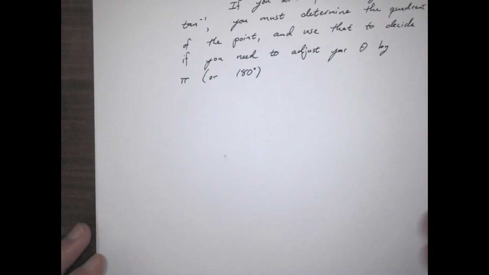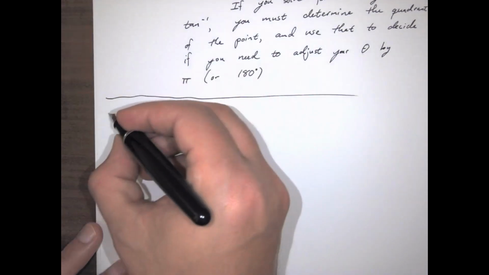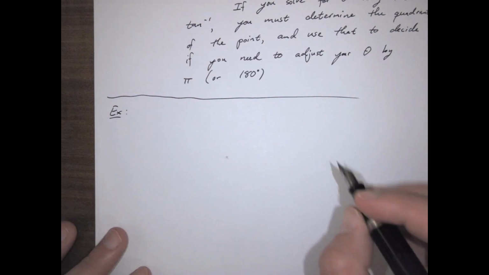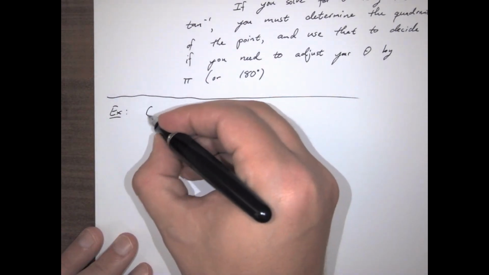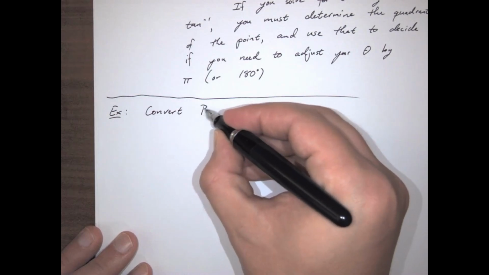Okay, so let's just try our luck at this. For example, let's say we want to go polar to rectangular.